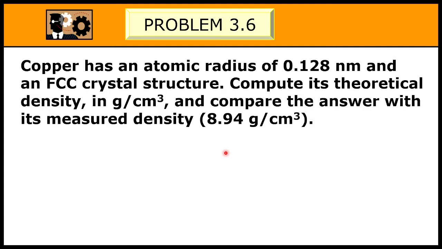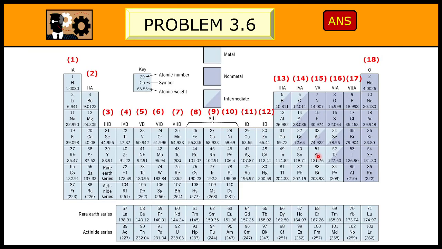Okay, last example for today. Copper has an atomic radius of 0.128 nanometer and an FCC crystal structure. Compute its theoretical density in gram per centimeter cube and compare the answer with the measured density, 8.94 gram per centimeter cube. To solve this question, first find copper. For copper, the atomic number is 29 and the atomic weight is 63.55.